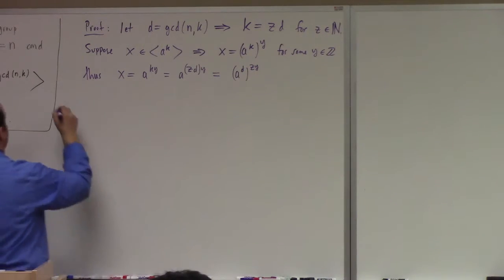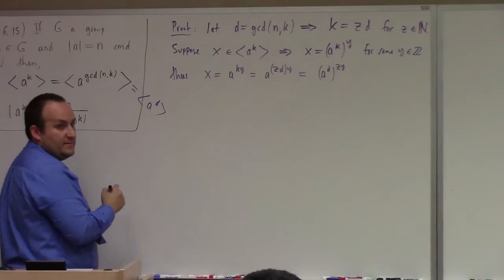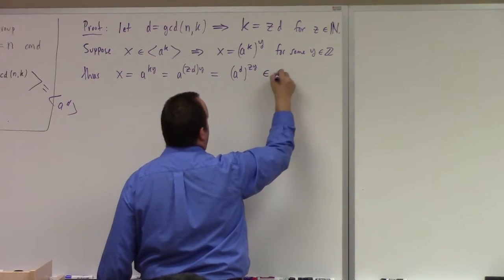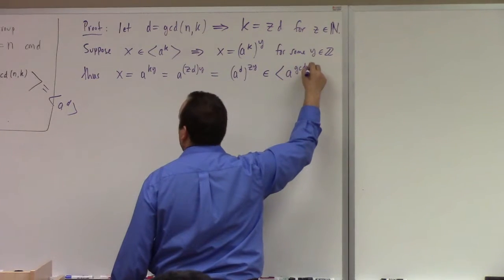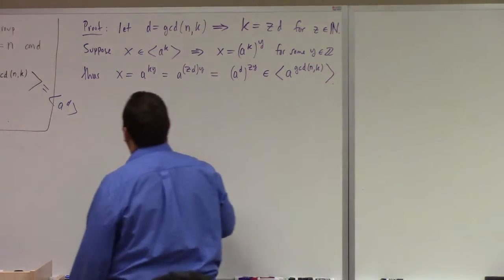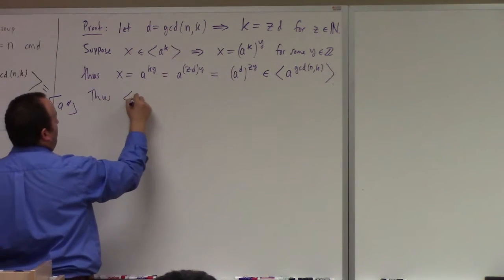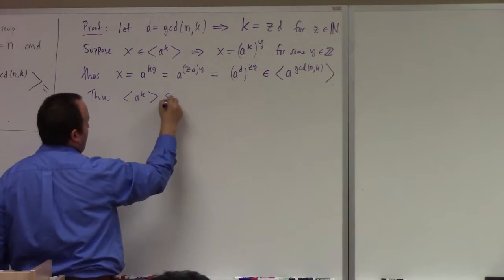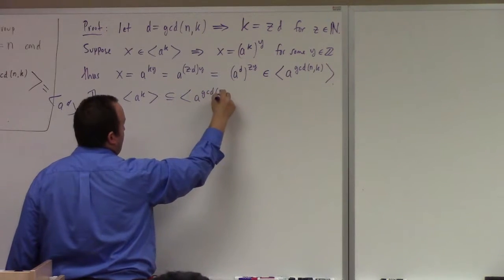In our current notation, this is an element of a to the GCD of n comma k. Thus, we have that the cyclic subgroup generated by a to the power k is a subset of the cyclic subgroup generated by a to the greatest common divisor of n and k.